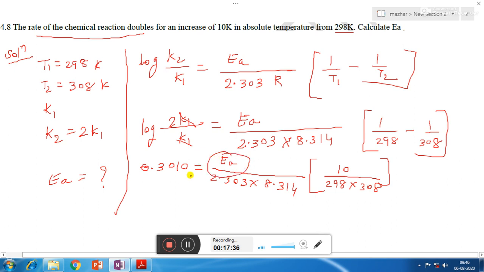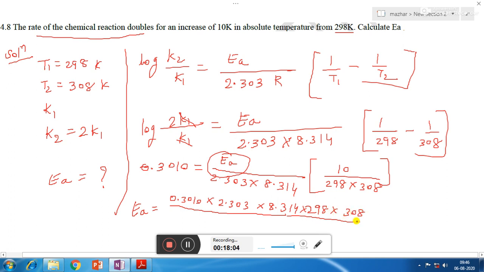Now we have to find out Ea. So when we make Ea the subject, all the other things will go on the left hand side. So on the left hand side we will be having 0.3010 multiplied by 2.303 multiplied by 8.314 multiplied by 298 multiplied by 308, and the 10 which was in the numerator will go in the denominator.